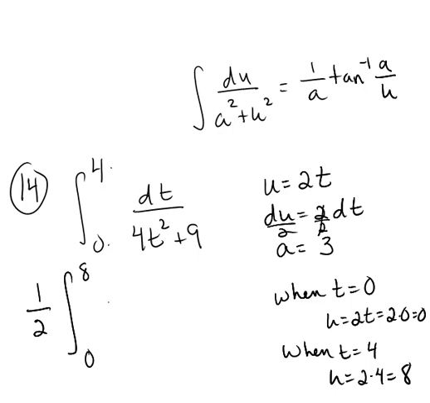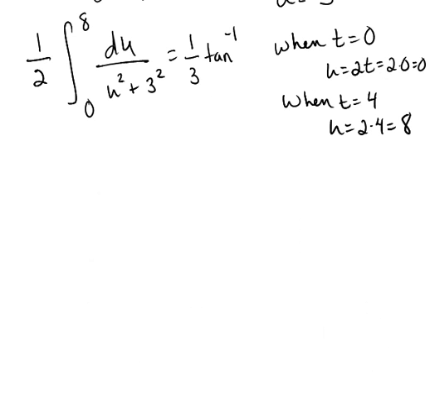Our dt is du over 4t squared, that's u squared, plus 9, that's a squared, right? So that's 3 squared. And so using our formula, it's going to be 1 over a, so 1 over 3 inverse tangent of... Let me do it down here.